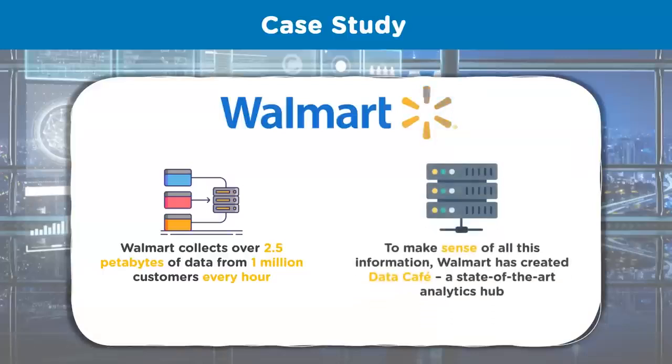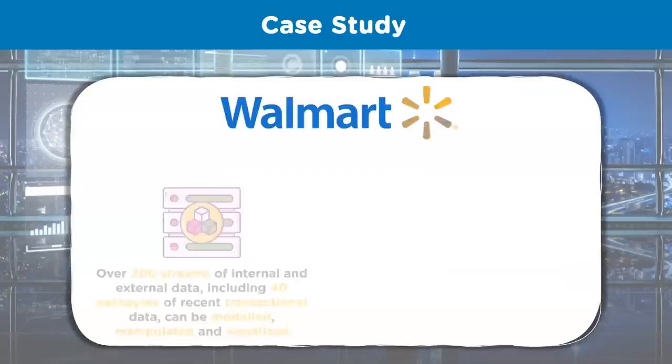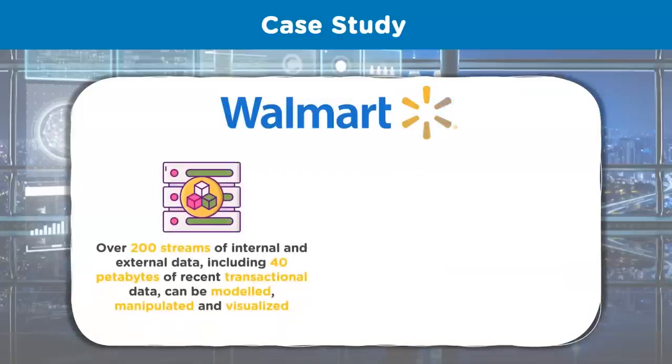Now, to make sense of all this information, Walmart has created Data Cafe, a state-of-the-art analytics hub located within its Bentonville, Arkansas headquarters. Here, over 200 streams of internal and external data, including 40 petabytes of recent transactional data, can be modeled, manipulated, and visualized.